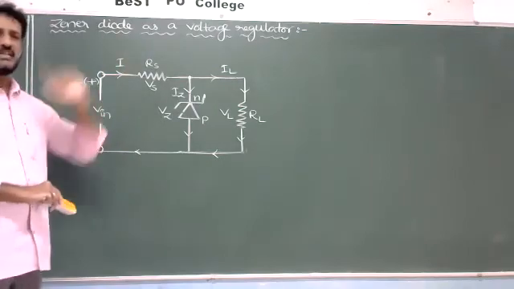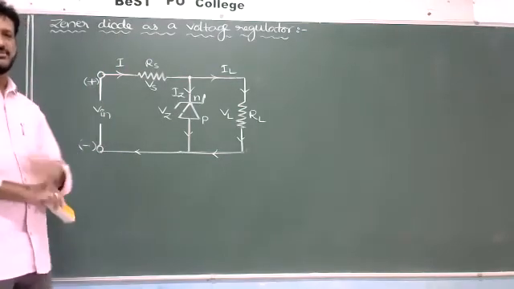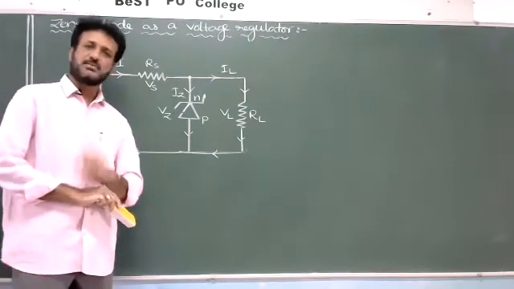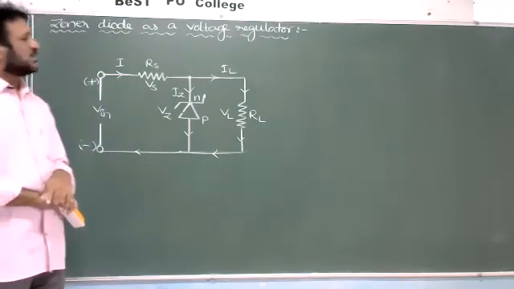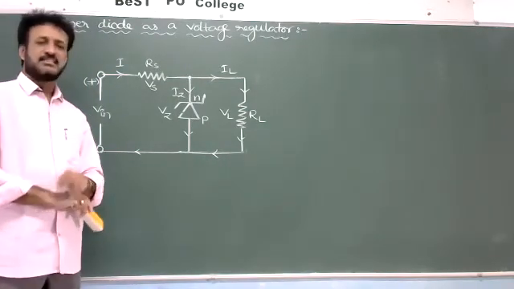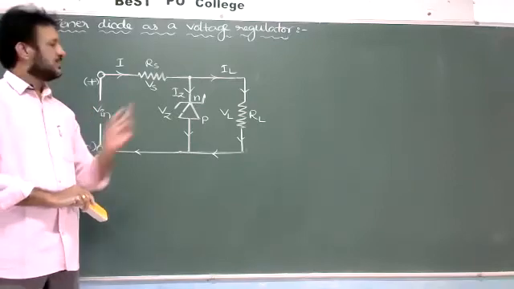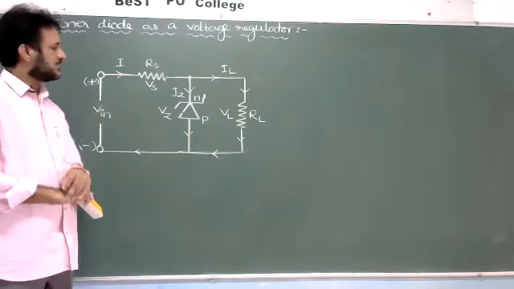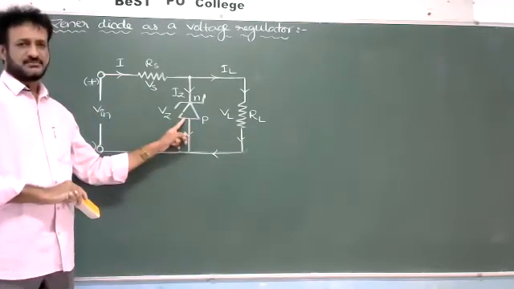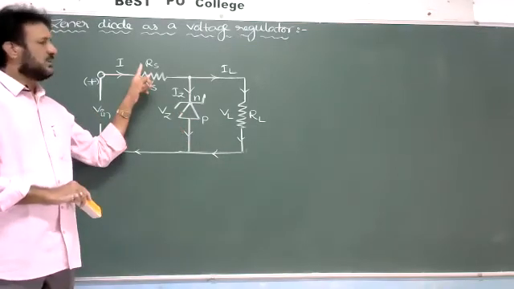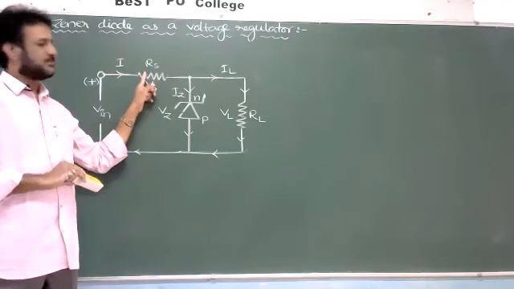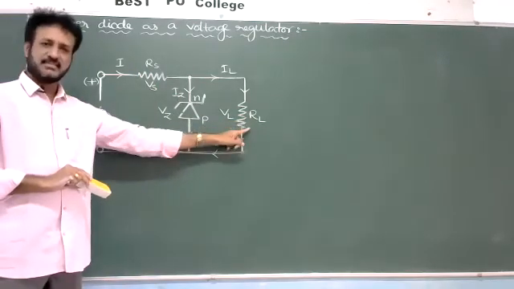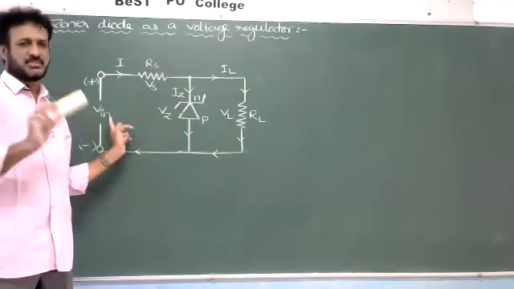Check here once again. A Zener diode can be used as a voltage regulator, voltage stabilizer or voltage controller. The circuit diagram used for the Zener diode as a voltage regulator is as shown in the figure. It contains one Zener diode, one series resistance, one load resistance and one input source.